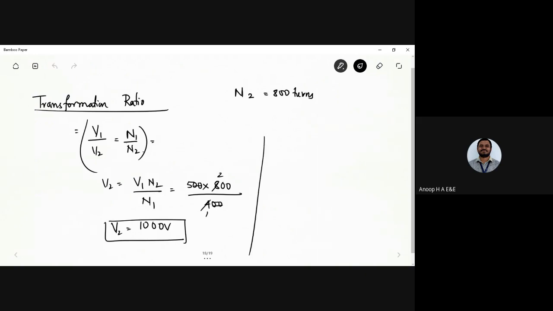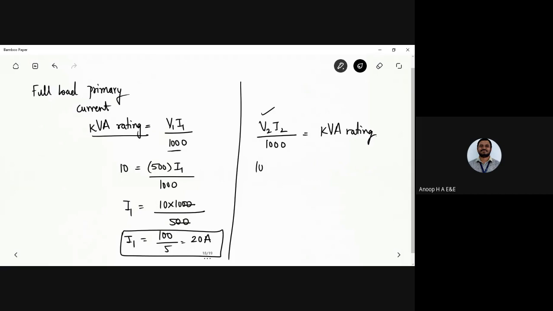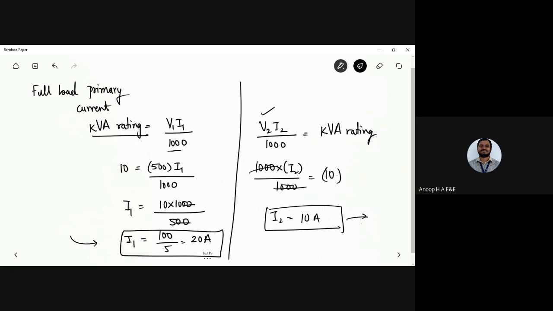Now substitute it here: 1000 into I2 divided by 1000 equals 10 kVA. So I2 is 10 amperes. So this is the primary and this is the secondary full load current. Got it?